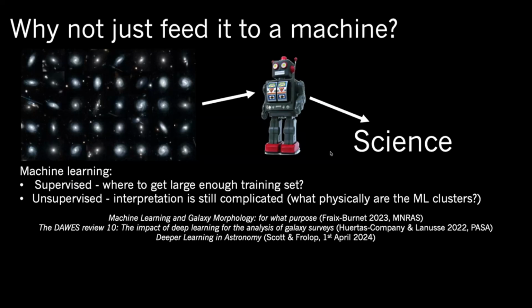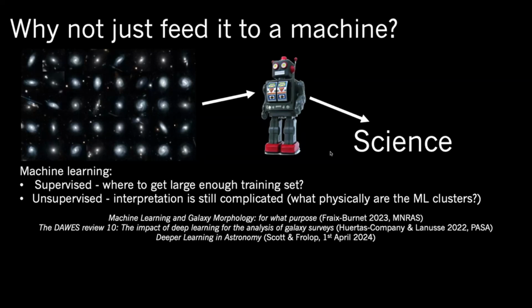Supervised machines, where you have a training set, you teach the machine basically to identify stuff in your training set, and then it applies that to unknown data. But you need a training set that's pretty large to be able to do that, particularly if you have rare objects, and we do enjoy rare objects in galaxies. And so we need a large enough training set to be able to train our machine. Where are you getting that from?